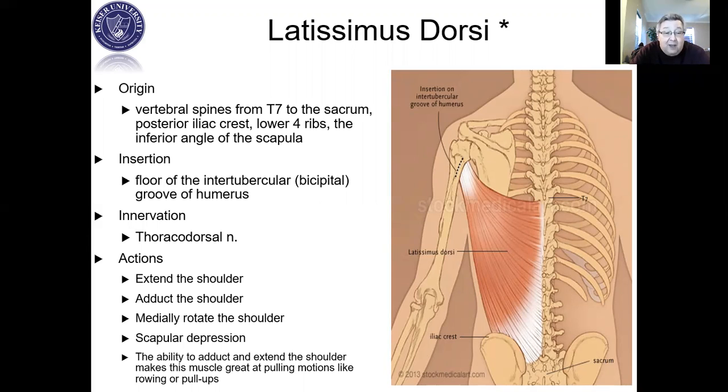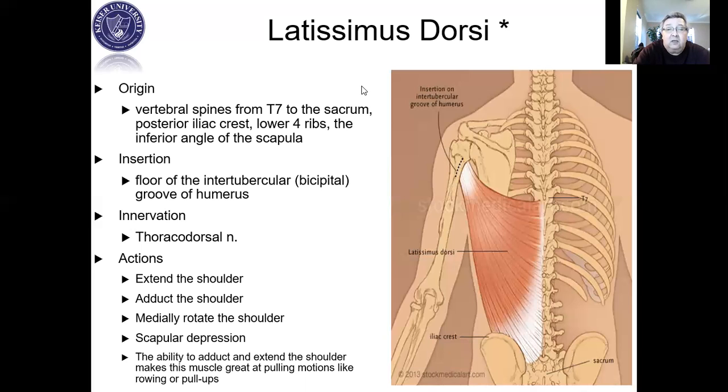My note on the bottom is that because this muscle adducts and extends the shoulder, it is a strong pulling muscle, like when we are rowing or performing pull-ups. So this really is one of the major movers when you are performing a pull-up exercise.